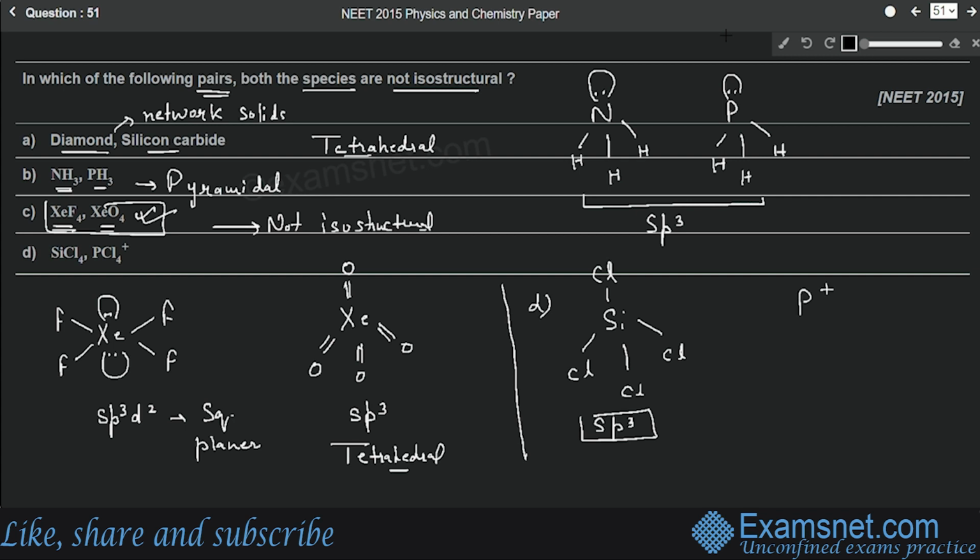So P plus and then 4 chlorine atoms in the same way. So this is also sp3 hybridized with tetrahedral shape. So in the last option both the species have tetrahedral structure. So these are also isostructural. The only option in which species are not isostructural is the third one. So option C will be the correct answer.